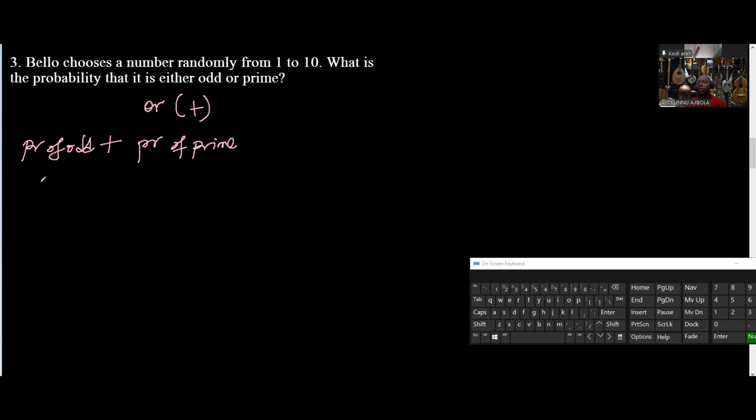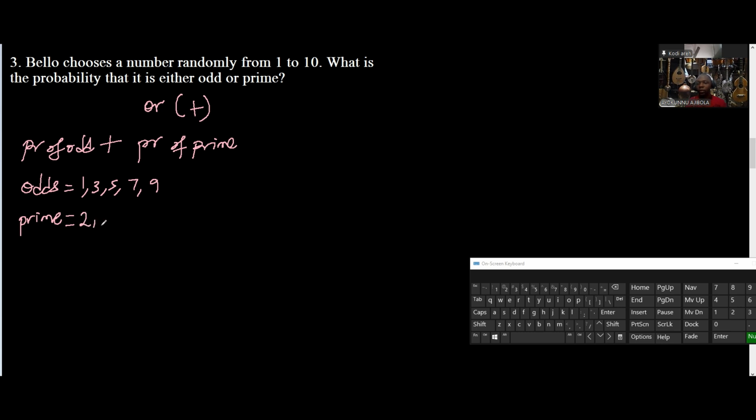Now the question is, how many odd numbers are there from 1 to 10? The odds are 1, 3, 5, 7, and 9. And how many primes are there? Primes have two factors, which are 1 and itself only. 1 is not a prime number, take note.